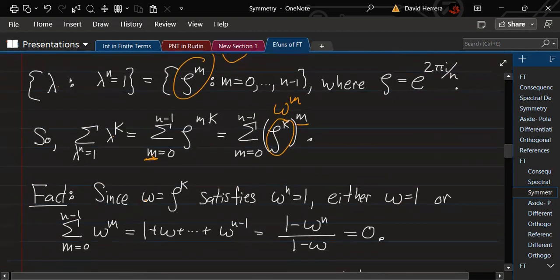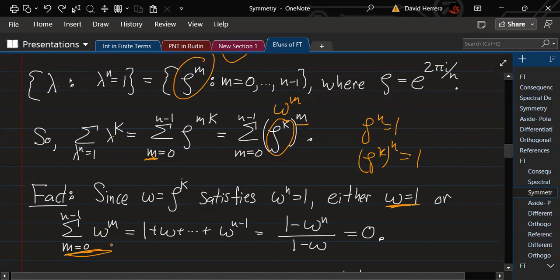Now, it's a fact that omega is the power of k, zeta to the k, where zeta is this nth root of unity. It satisfies this equation here, which is true, because zeta to the n is 1; if I raise zeta to the kth power and then to the nth power, it's still going to be 1. So from this, either omega is 1 or the sum here is 0.